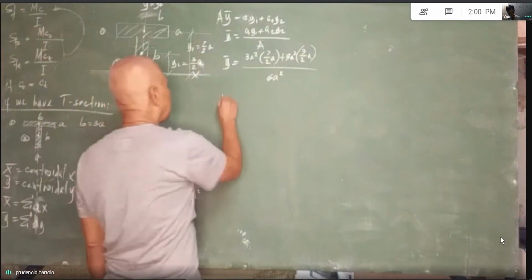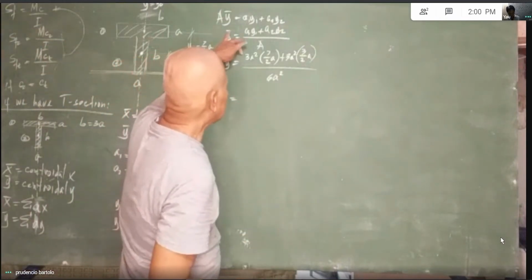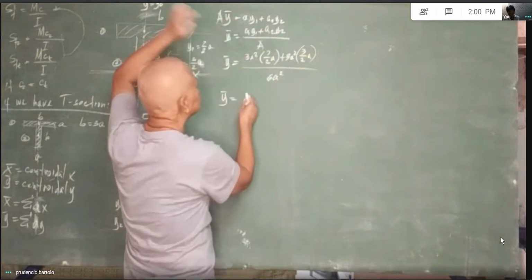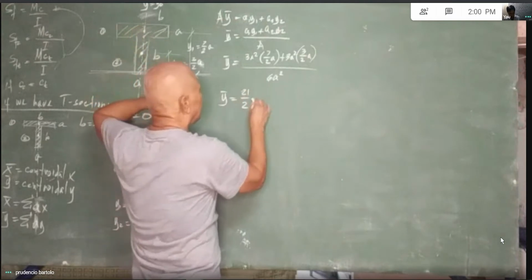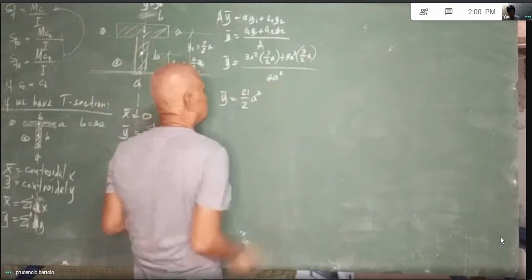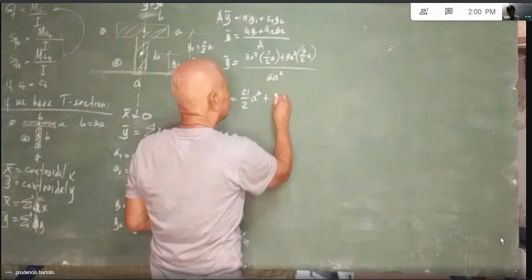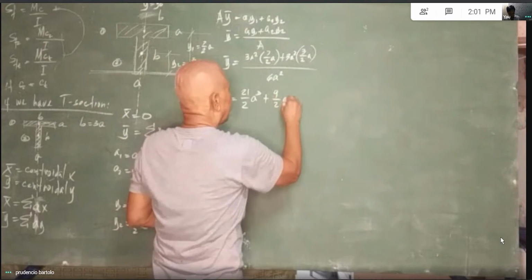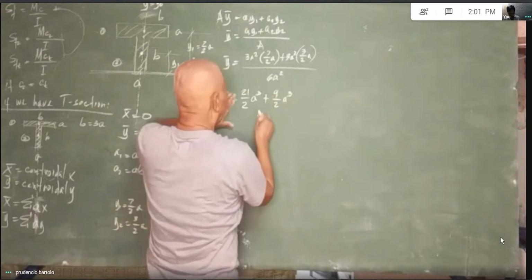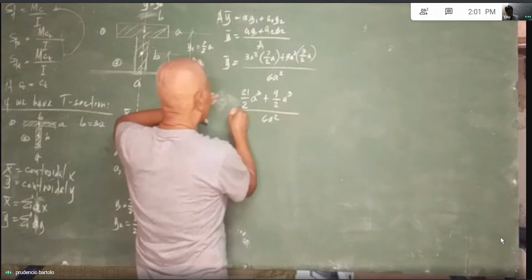So our Y bar now will be 21 over 2 a cubed plus 9 over 2 a cubed, all over 6a squared.